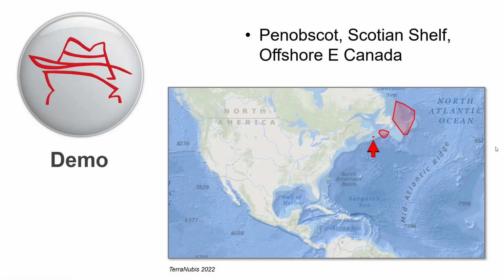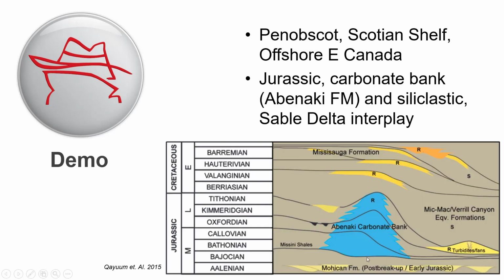You can go and download this dataset for yourself from TerraNubis.com. An excellent dataset with a mixed siliciclastic carbonate setting. We're dealing here with the Abenaki carbonate bank formation, and it is embedded in these Sable Delta clastics fans.